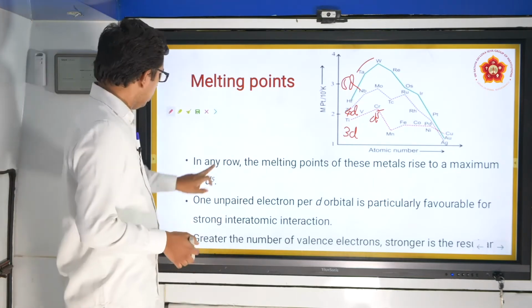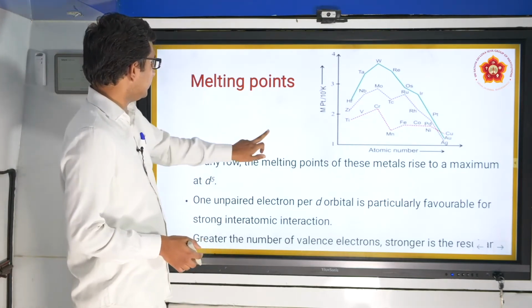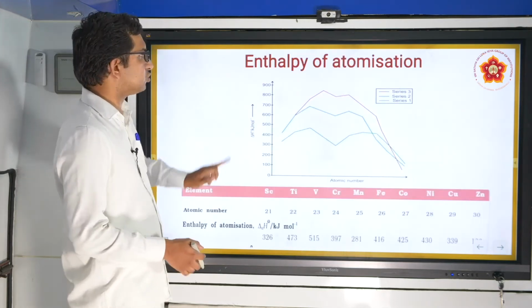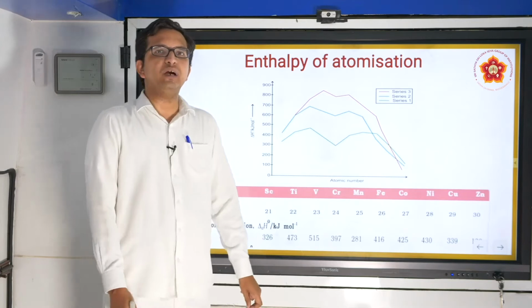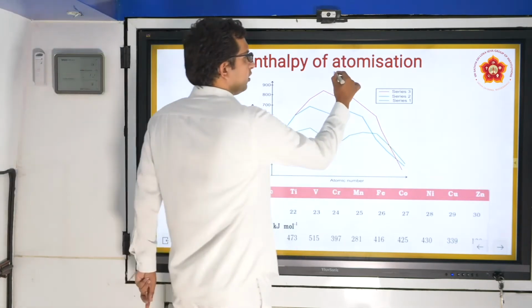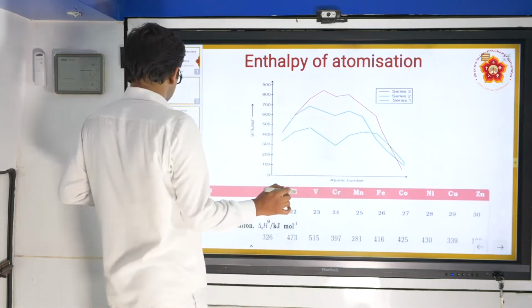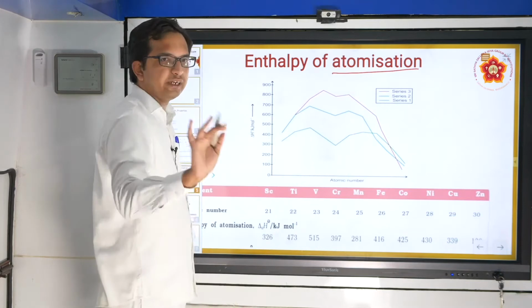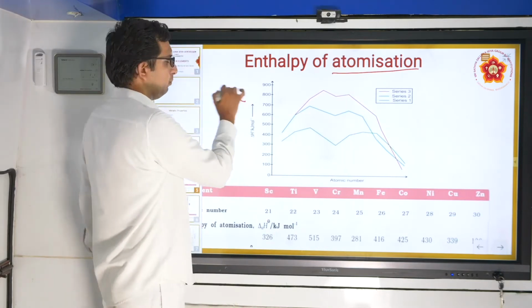So this is one important aspect of the physical properties that we see for these type of compounds. Having seen these physical properties, we shall now look at another property which is called enthalpy of atomization. What is this? Atomization is nothing but forming of atoms. We know very well that atoms are present. Suppose I take an atom, say scandium.